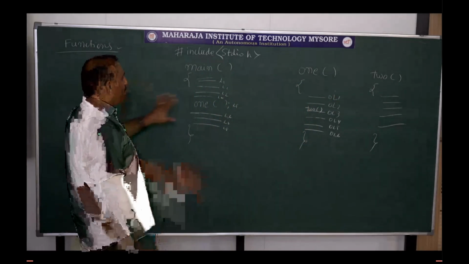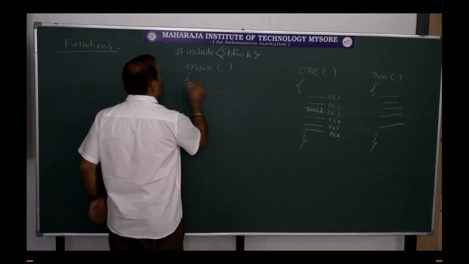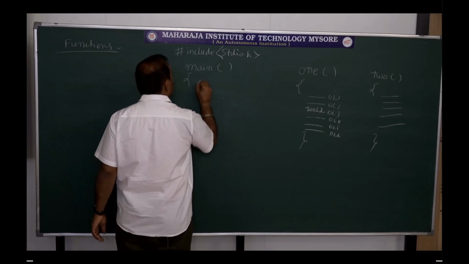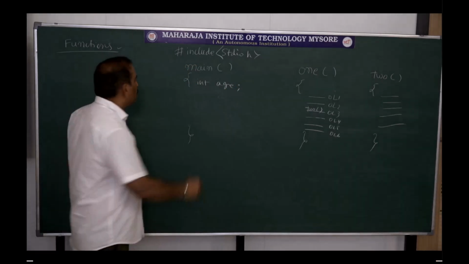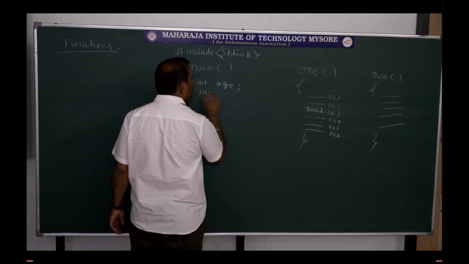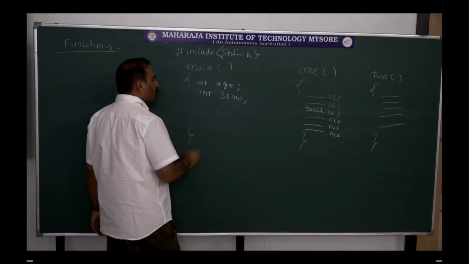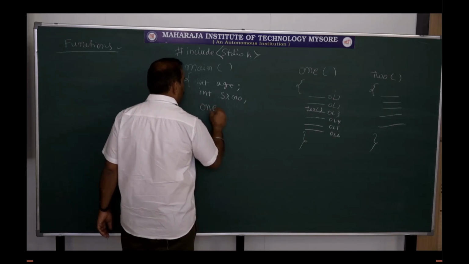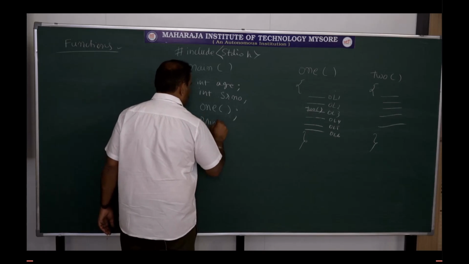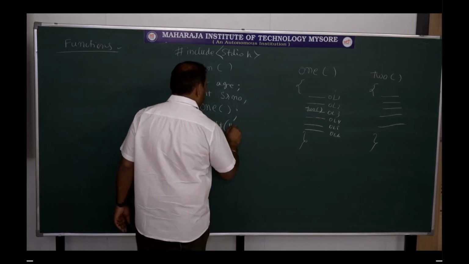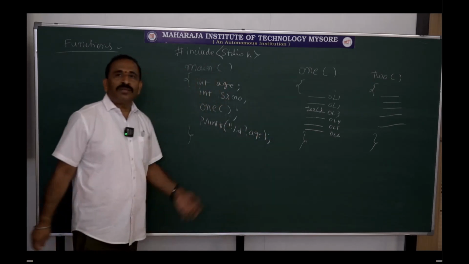To make it simple, here in the main function, in our usual thing, I used to write int age, int serial number, something like this I have written.